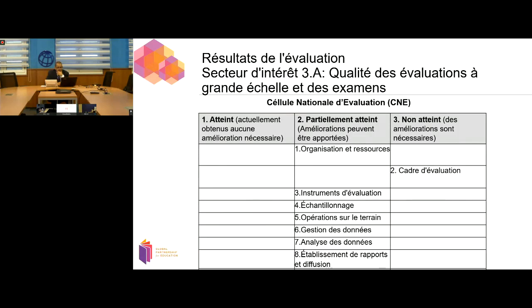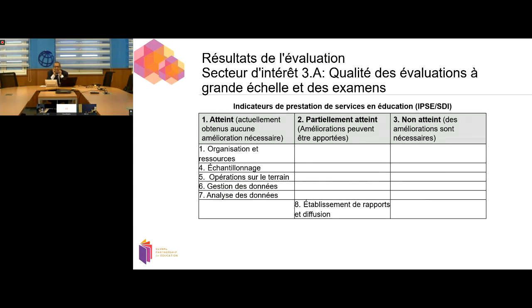Then we have, out of the 7, 6 have been partially achieved. And in terms of the assessment framework, this objective has not been achieved at all. Next slide, please, for SDI.